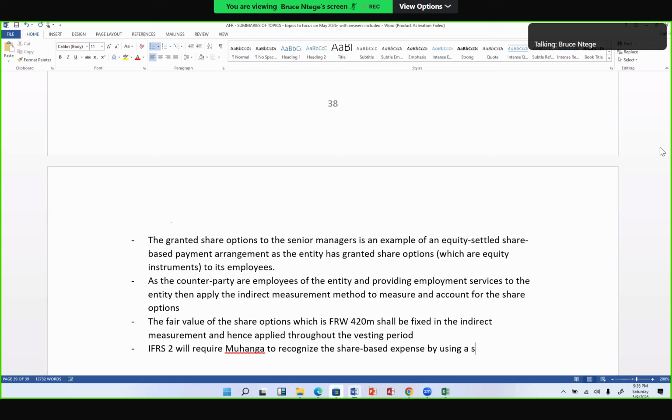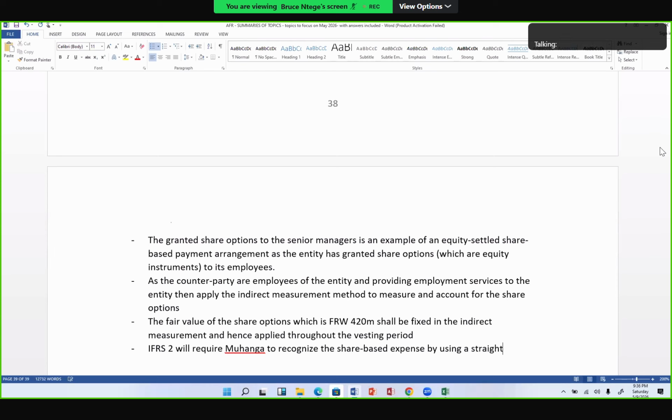So a straight line method, which is to spread it. That is to say, to spread this figure across the 3 years. Across the 3-year vesting period.